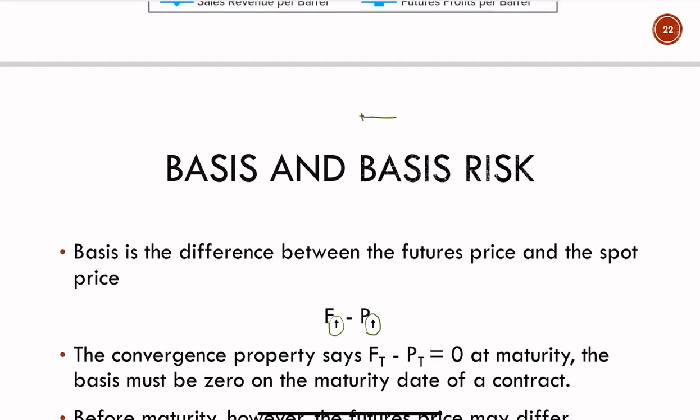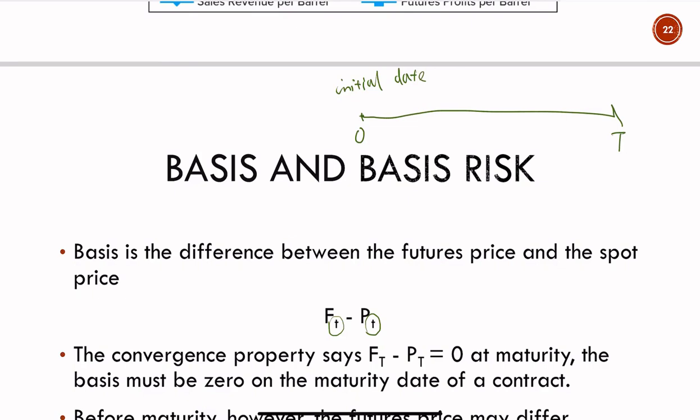If I draw this timeline, then this 0 means the initial date, when you first enter this futures contract.